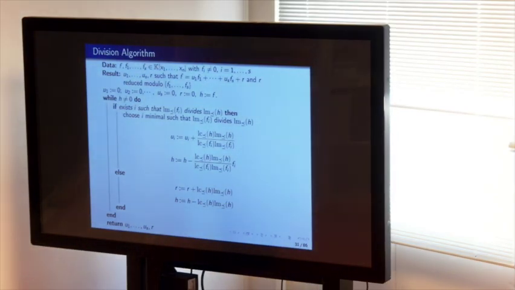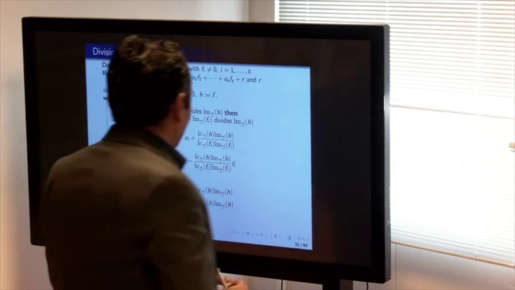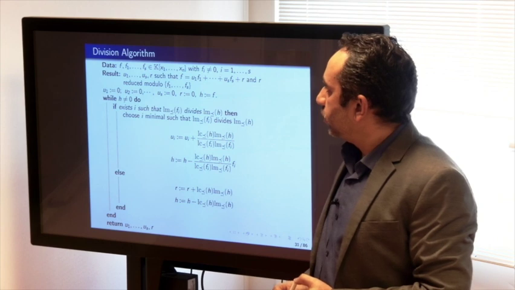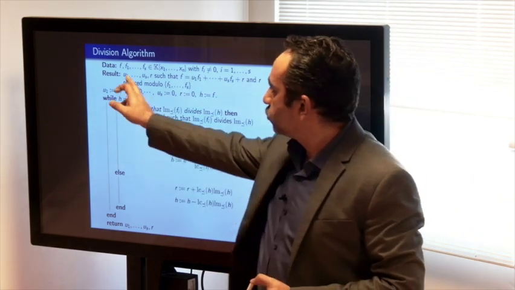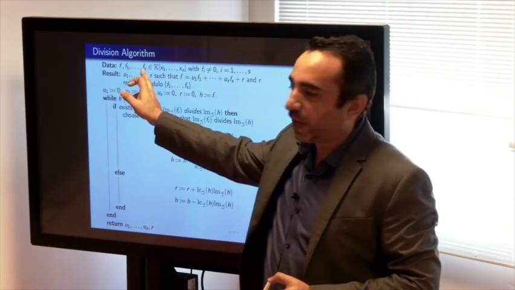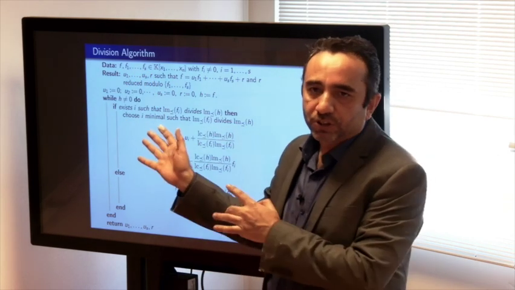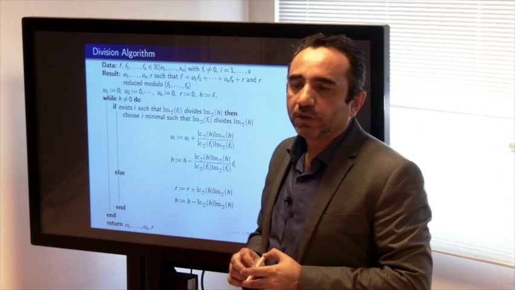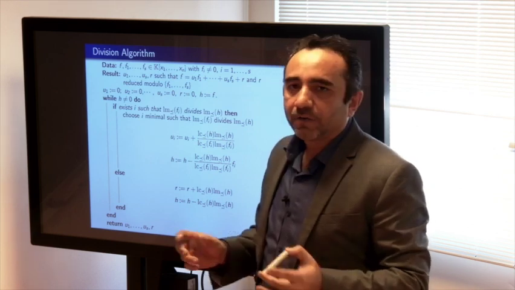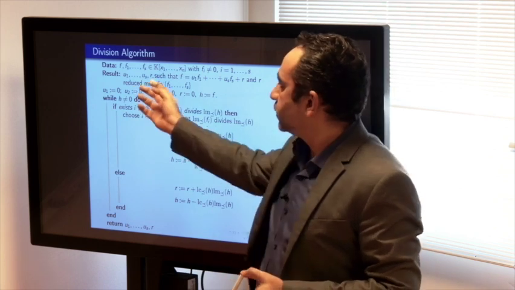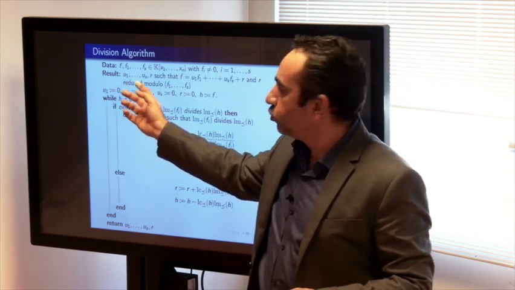Now we have the procedure to find this remainder, written in the form of this algorithm. In the algorithm, we are given f1 up to fs, and f. There is a difference between the notation I used on the board and the notation on the slides. On the board I was using fk, but here I use fs, and instead of quotients q1 up to qs, the slides have u1 up to us.